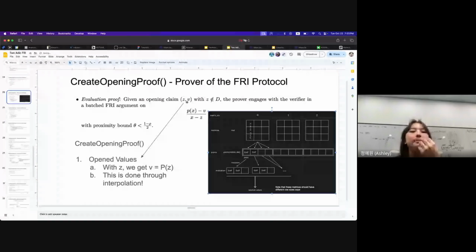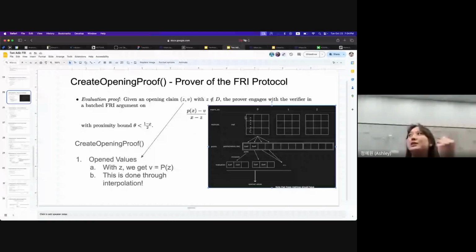Yeah. So these open values, I actually did here. They're the Z and V that we open, claims of all the queries we want. And so we get the Z's, but we need to create the V's, which are the open values.